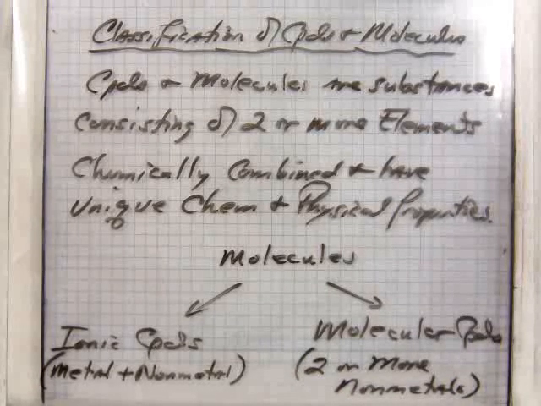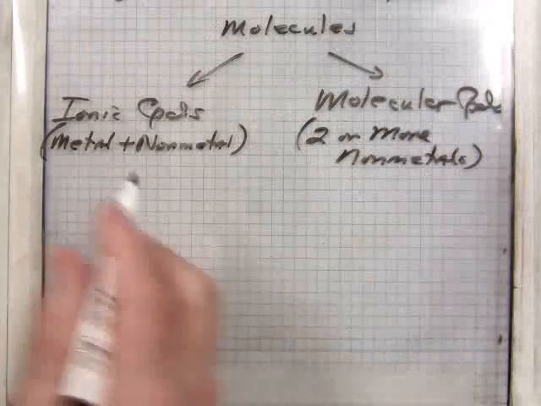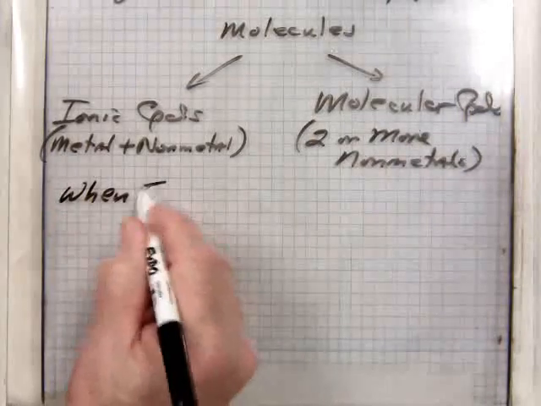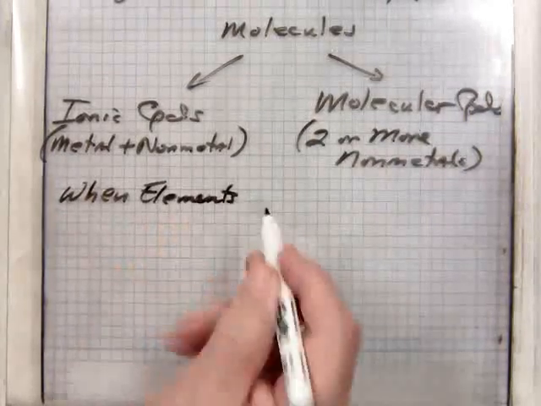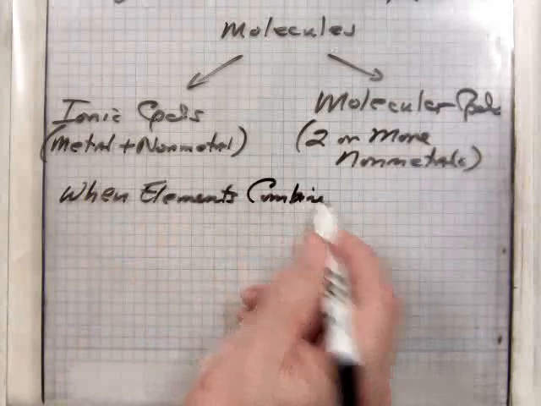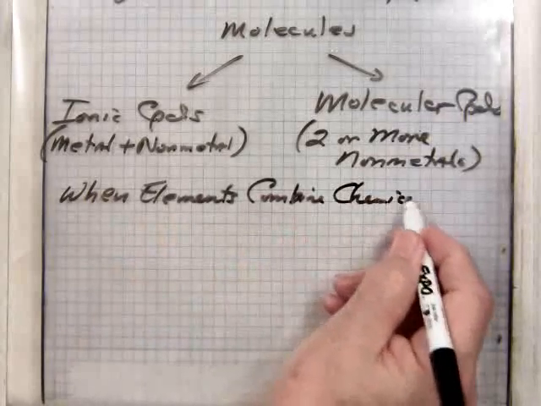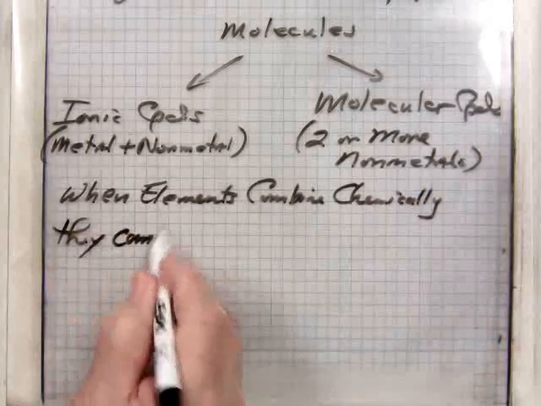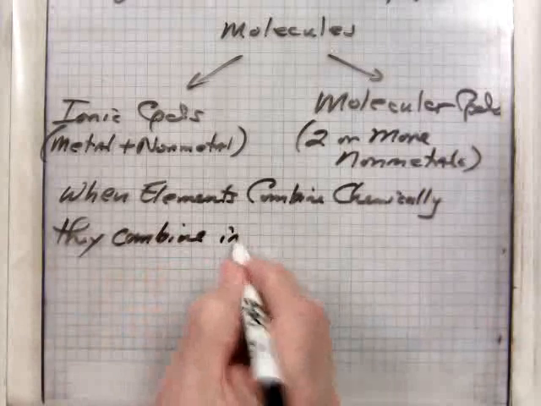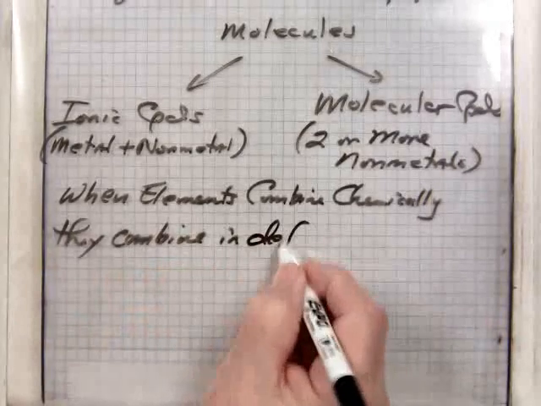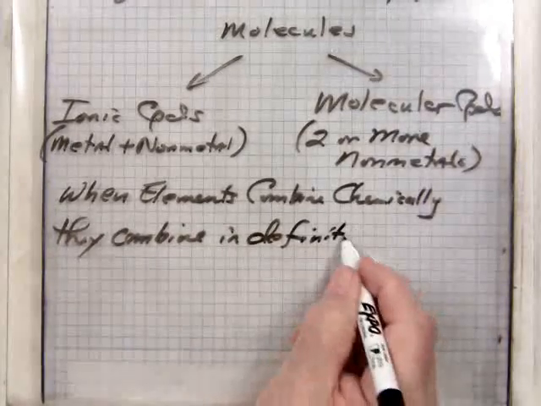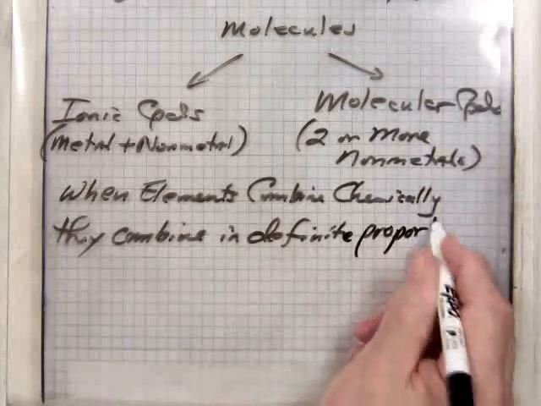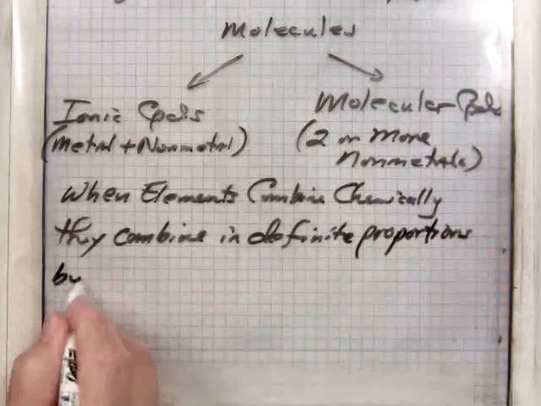Now, when elements combine chemically, they combine in definite proportions by mass.